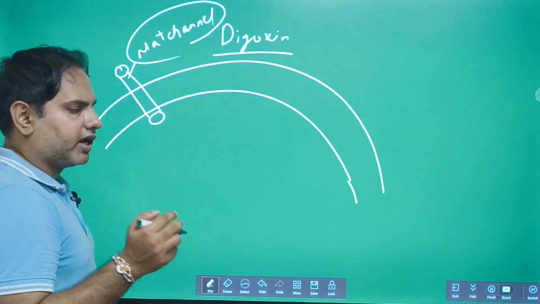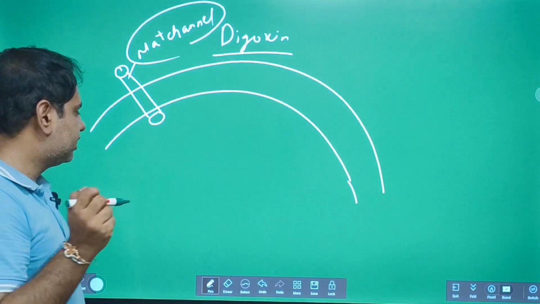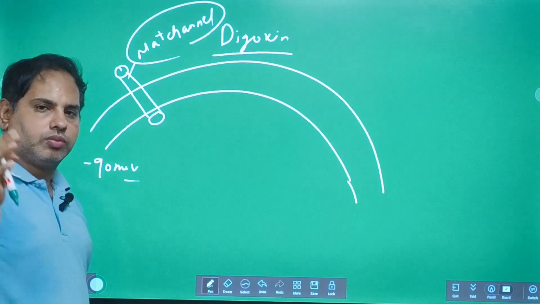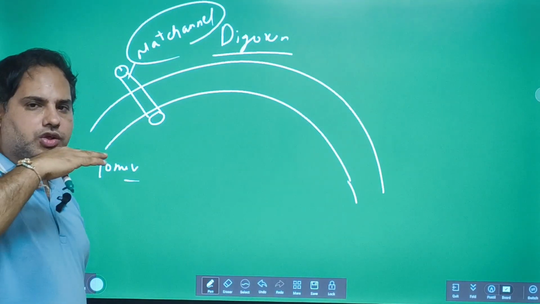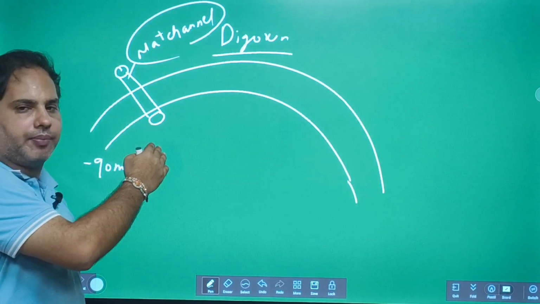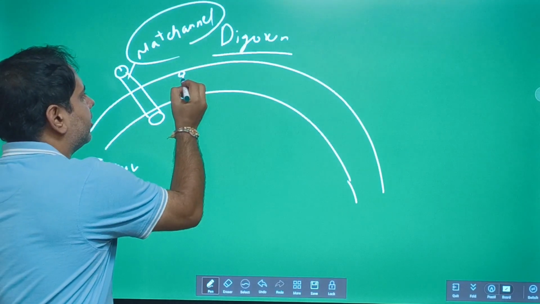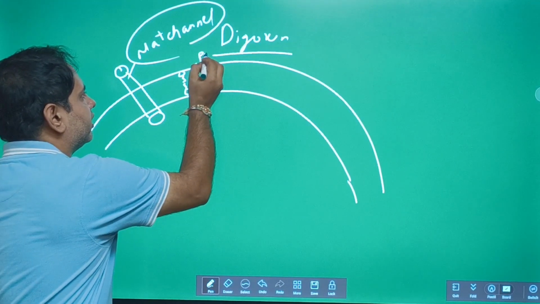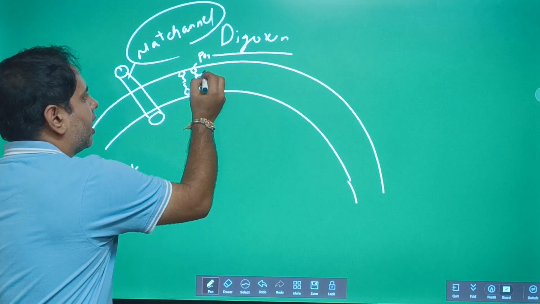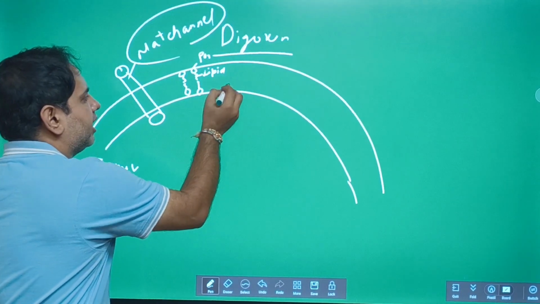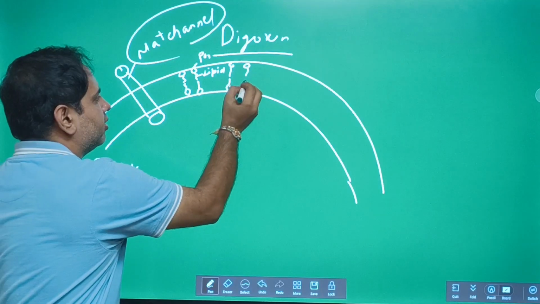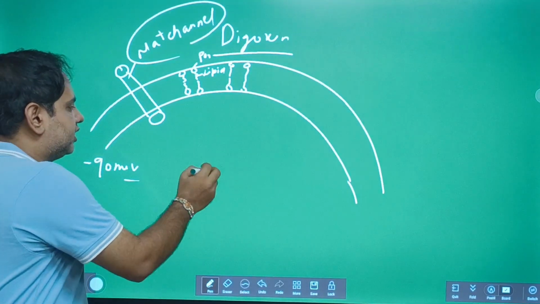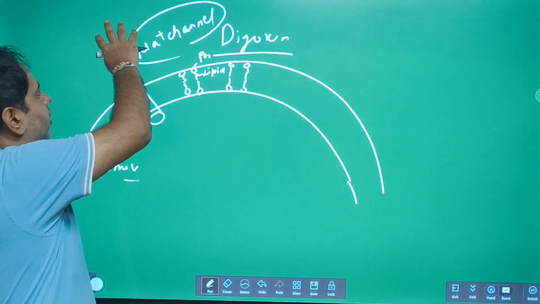As I told you, the resting membrane potential of cardiac cells is minus 90 millivolt. Whenever any stimulus is there, there is a movement of ions. Your cell membrane is made up of phospholipids, right? This part is phosphate, this is your hydrocarbon part or lipid part. This is a bilayer. So this is the cell membrane of cardiac cells. This is your intracellular part and this is your extracellular part.